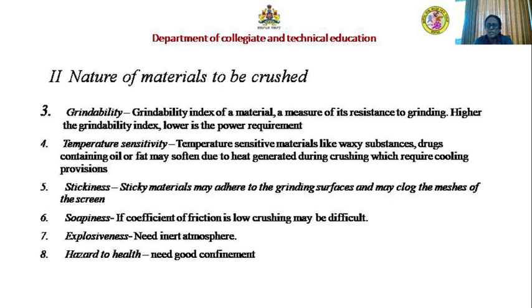Some materials like wax, and drugs which contain oil or fat, undergo softening due to this heat generated during size reduction operation. So for such size reduction machines, you need to make some provision to supply cooling material, which keeps the temperature low so that the material does not soften during the operation.